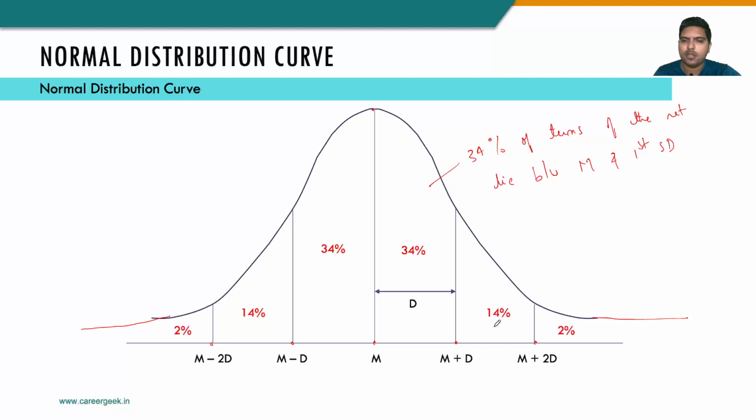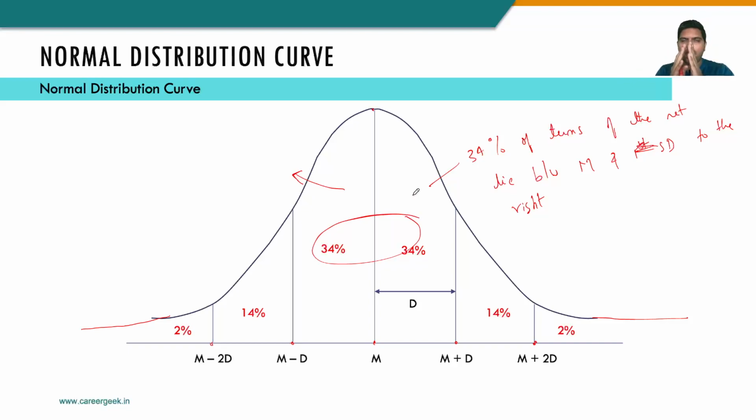This is the first, this is the second standard deviation. The same applies to the left hand side also. Not exactly first standard deviation, let me not put it like this. First standard deviation to the right, because if I say first standard deviation, it might be 34 plus 34.